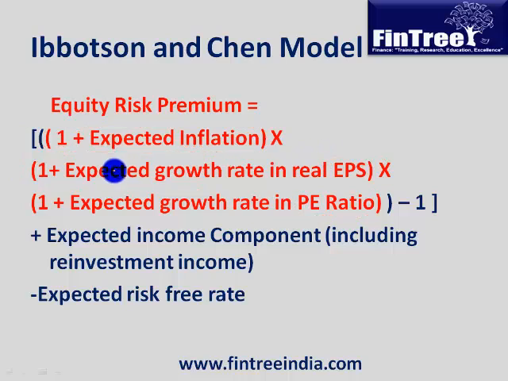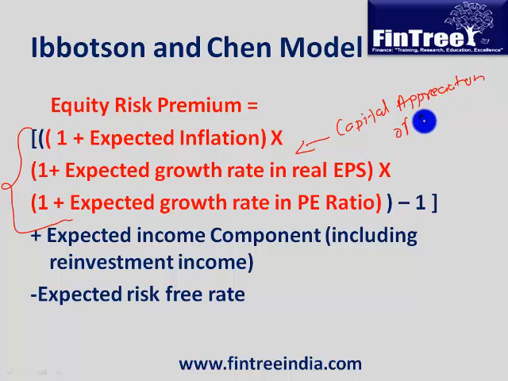So the multiplication of these three terms here is nothing but capital appreciation. So this part you can write down. The first three terms is nothing but capital appreciation of stock.